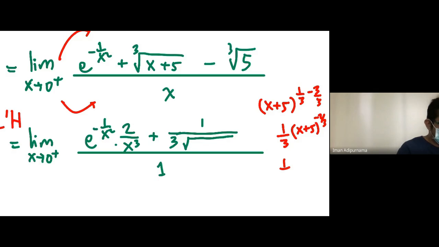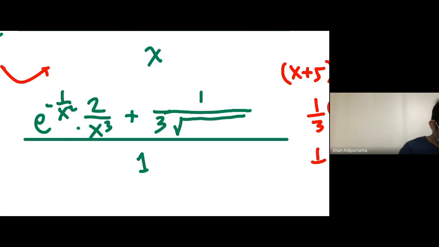Oh, it's too bold, can I make it thinner? Okay, that's better: x plus 5 squared.